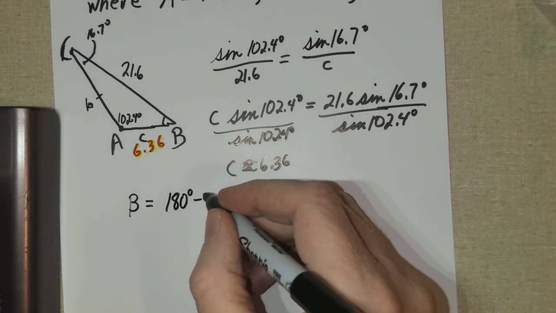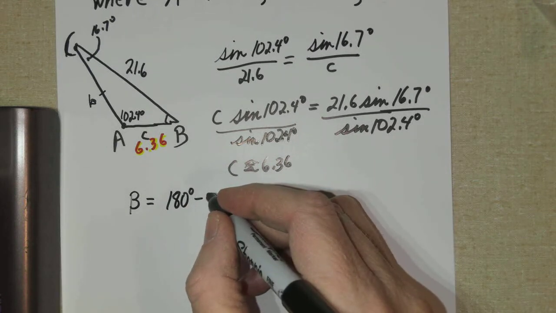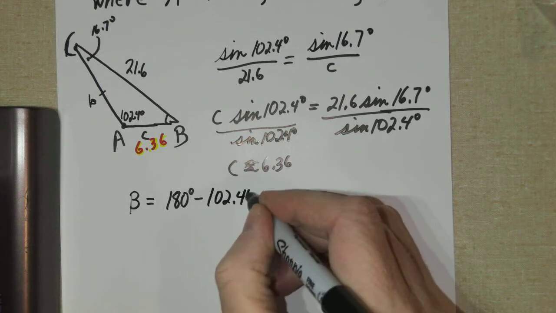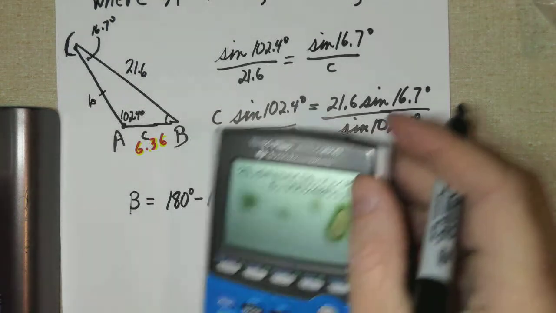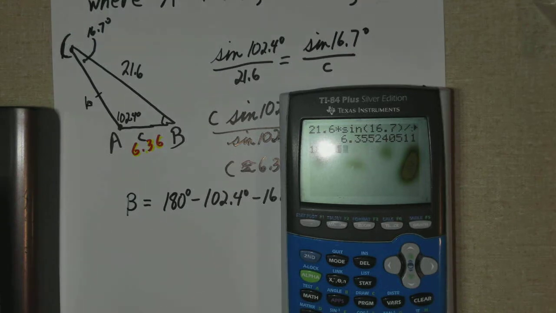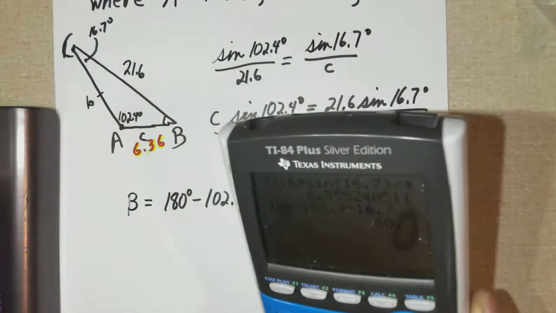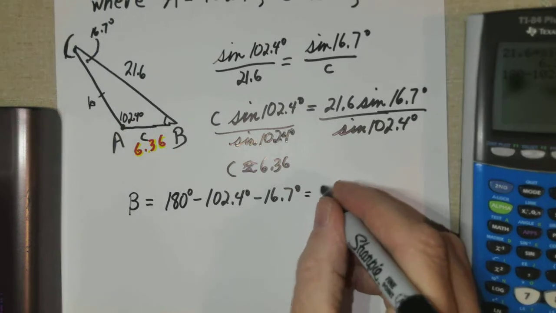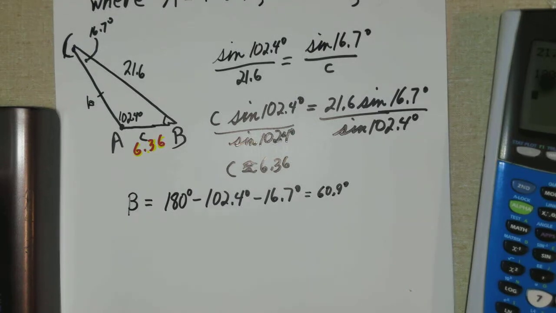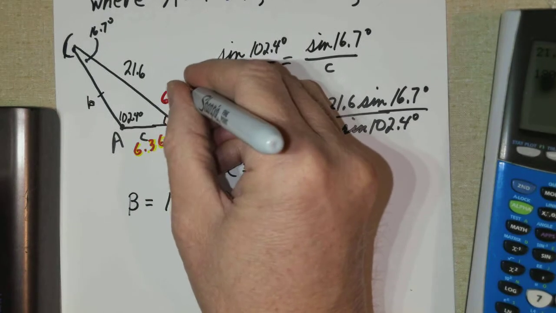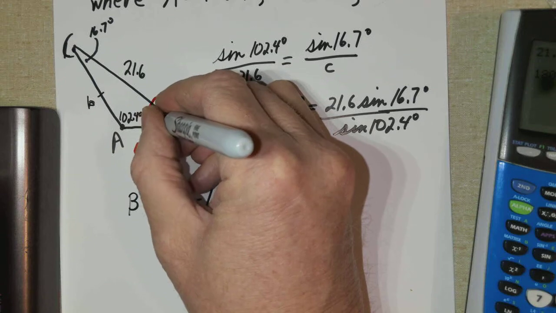So I'm just going to take 180 degrees minus 102.4 degrees minus 16.7 degrees. 180 minus 102.4 minus 16.7 equals 60.9. Okay, so let's put 60.9 degrees in right there.